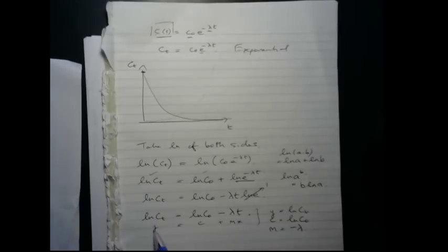The y data is ln of Ct. So this is Ct, this column here. I can't put that into my calculator on its own. I've got to put in the ln of Ct. So I need to calculate ln of this value and then ln of this value and so on and so forth for this entire column.